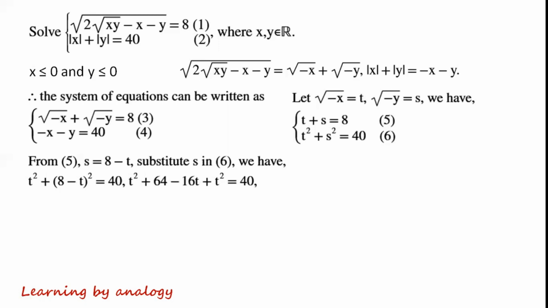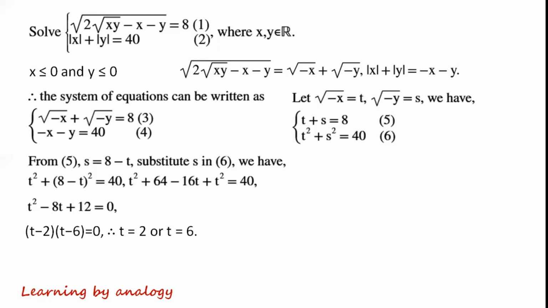t squared plus 64 minus 16t plus t squared equals 40. By simplifying this equation, we have t squared minus 8t plus 12 equals 0, which can be written as (t minus 2) times (t minus 6) equals 0 by factorizing.